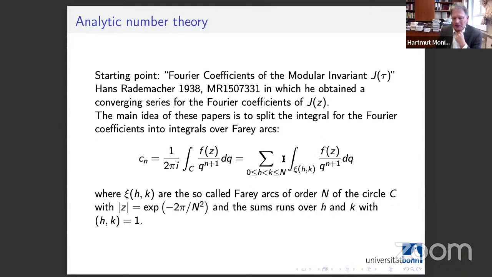Instead of integrating along a line parallel to the real axis, you convert that integral to an integral over Farey arcs of order n of the circle C with the radius exponential of minus 2 pi over n squared. Then the sum runs over h and k, where these are two coprime integers.